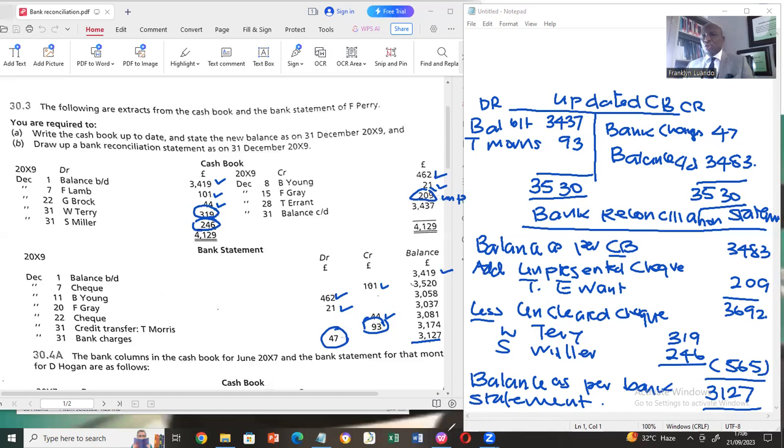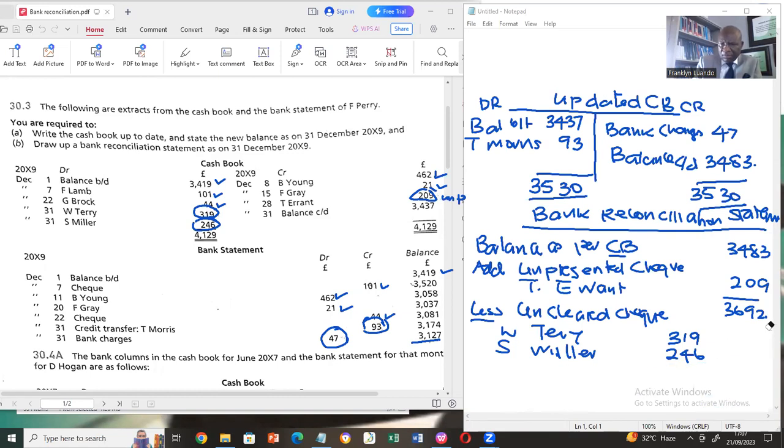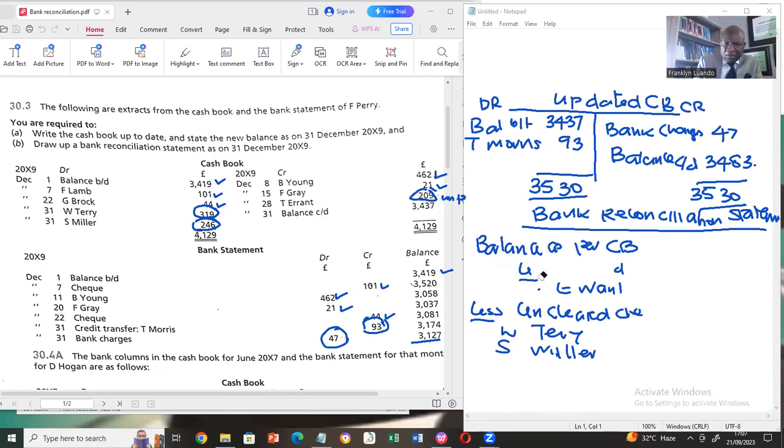I can also show you when you start with the balance as per bank statement and end up with the balance as per updated cash book. So here, I want you to pay particular attention. It will be the reverse action.